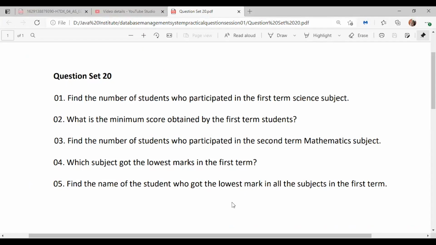And the fifth question is, find the name of the student who got the lowest mark in all the subjects in the first term.